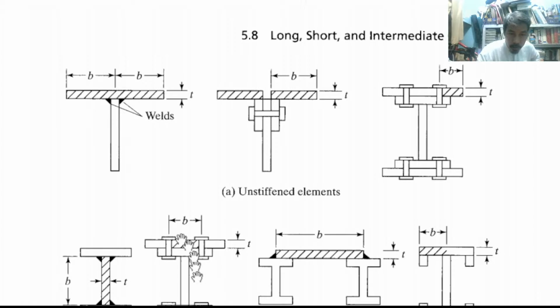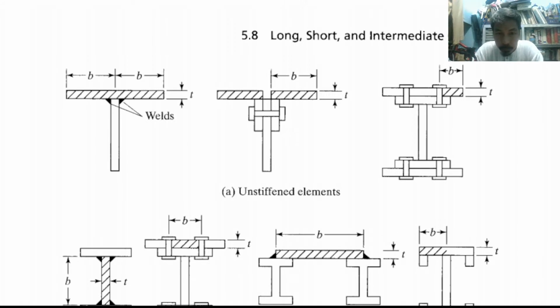Also this one. Compare this to this one. Stiffened.